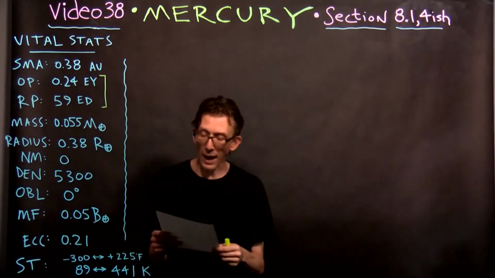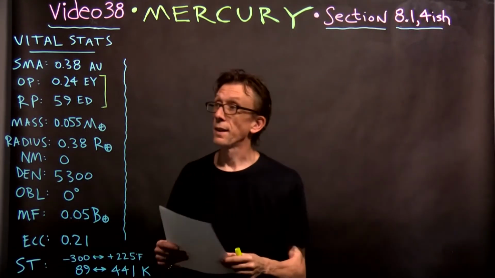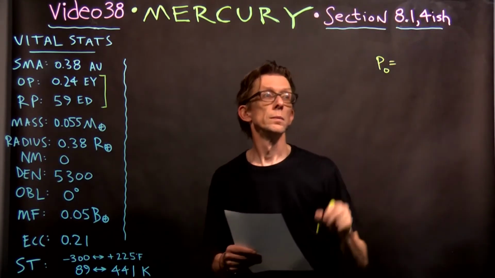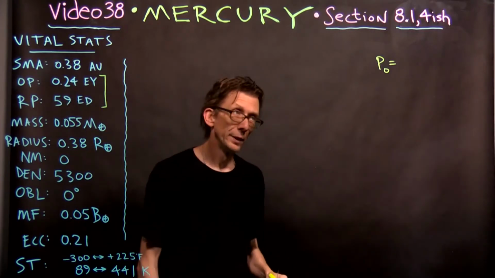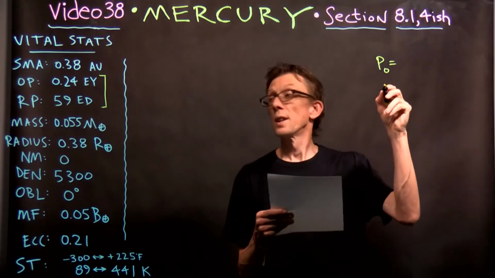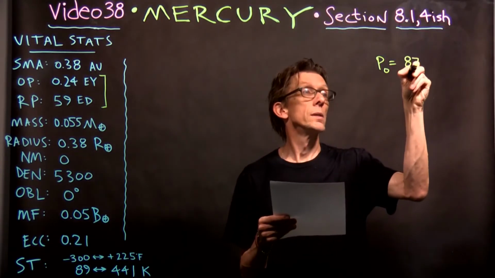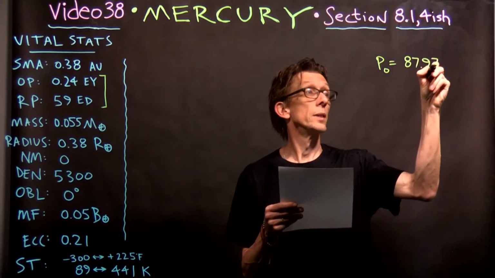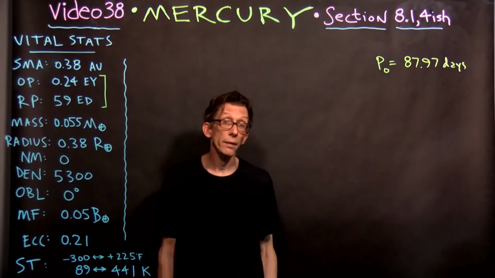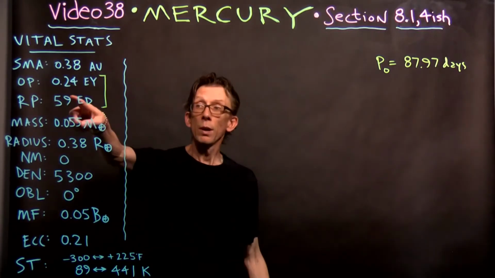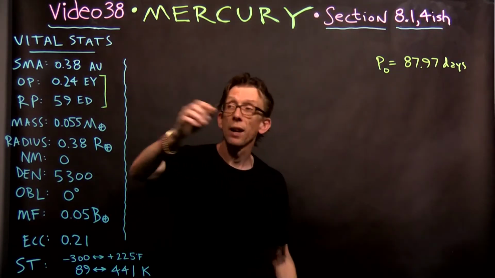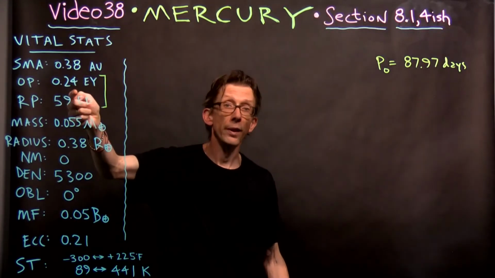If we do that, we'll find that the 0.24 Earth years, the orbital period, P sub O, is equal to 87.97 days. So that's how long it takes Mercury to orbit the Sun, which is equal to 0.24 Earth years. 87.97 days is the same as that number, just converted into days.